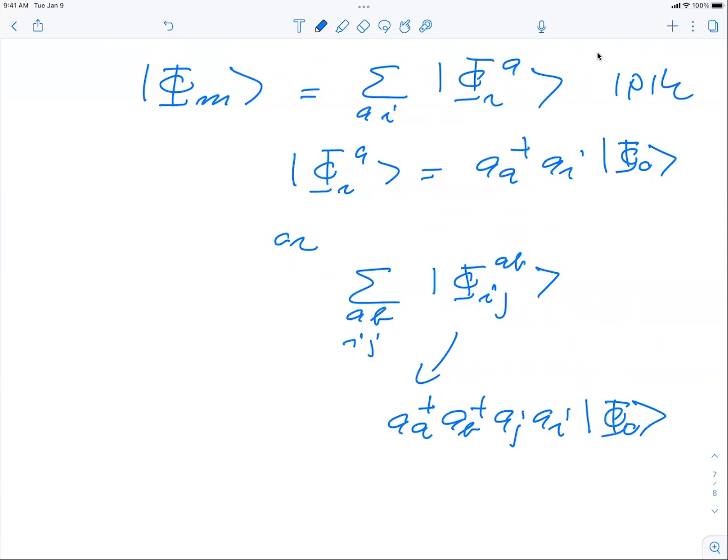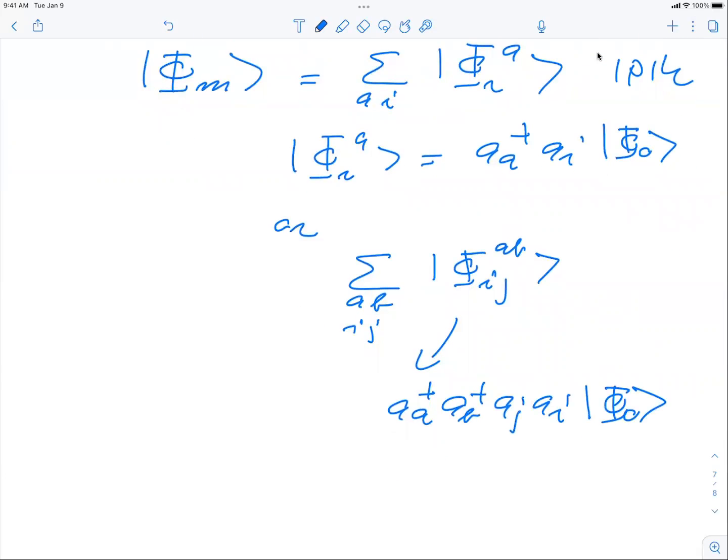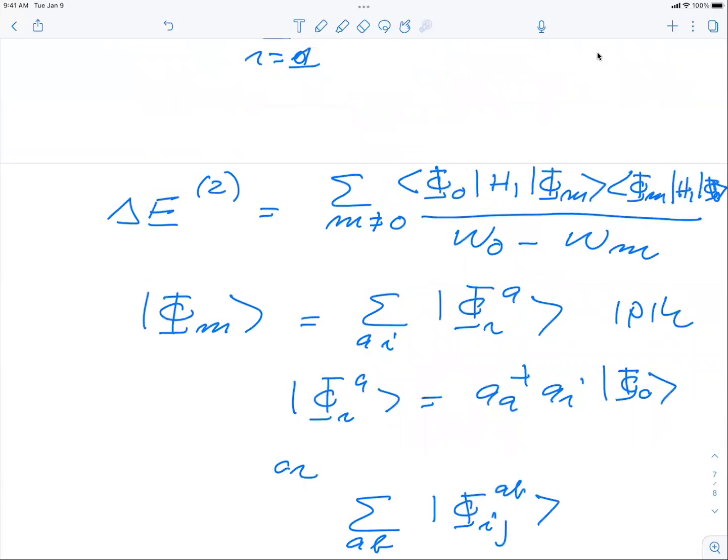So we have already calculated these matrix elements, and we know that in this specific case, if we limit ourselves to a two-body interaction only, it means that the overlap with the states of three-particle three-hole excitations is going to be 0. So this sum, due to the character of the interaction, is going to limit the contributions only to one-particle, one-hole, and two-particle, two-hole excitations.